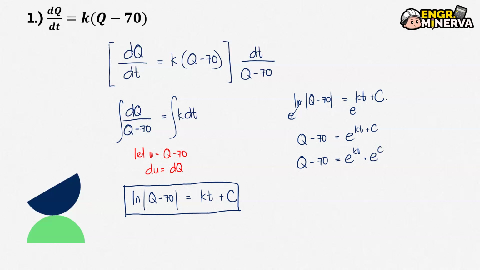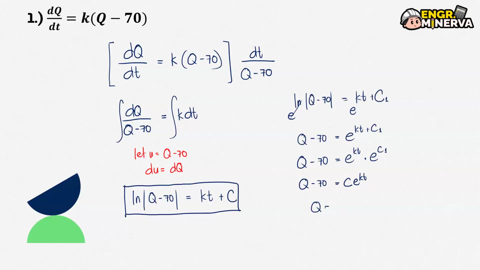If I label my first arbitrary constant as c1, e raised to any constant would also be a constant. So I could simplify this into c e raised to kt.